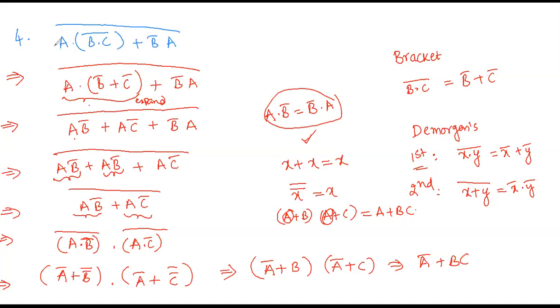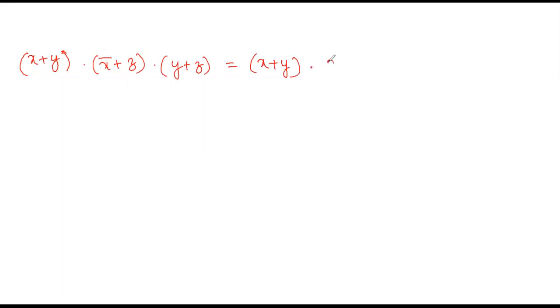I will give you one homework problem to try to solve. Simplify this expression: x plus y, x bar plus z, y plus z is equal to x plus y into x dash plus z.